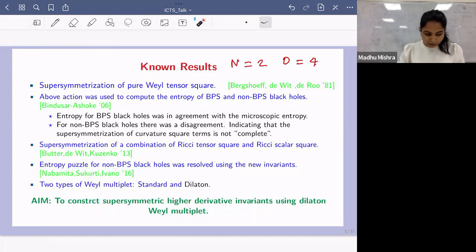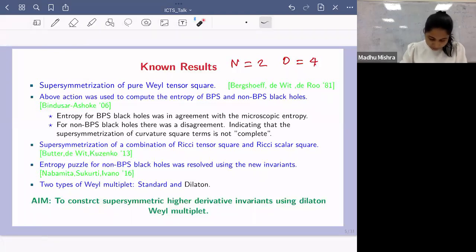Forty years back, the supersymmetric pure Weyl tensor square action was obtained by these authors, which in 2006 these authors used to calculate the entropy of BPS and non-BPS black holes, in which they found that for BPS black holes, the microscopic and the macroscopic entropy show perfect agreement. However, for non-BPS black holes, they showed that there is a disagreement, which led to a puzzle for entropy.